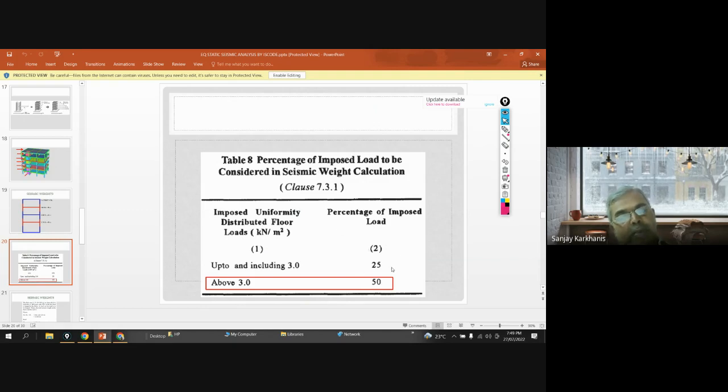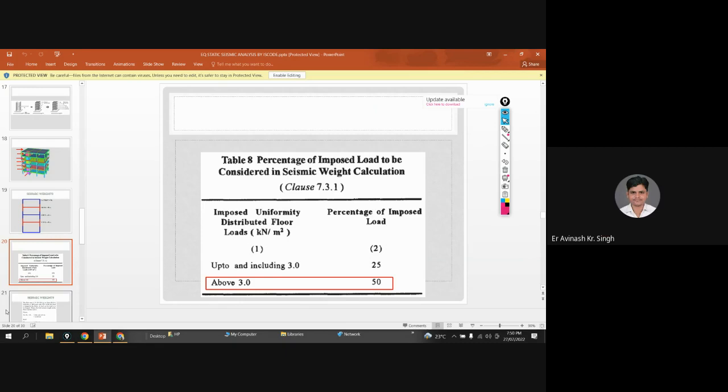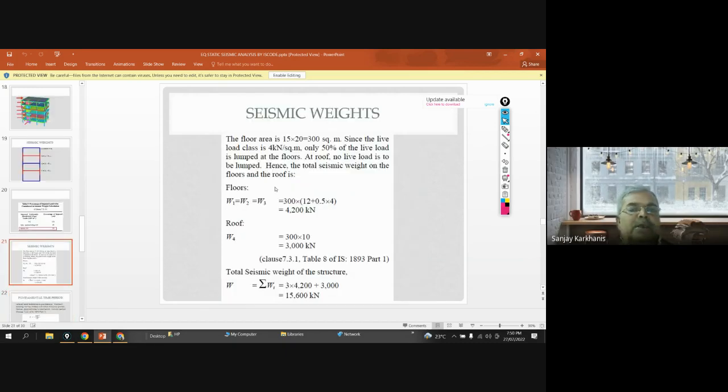So that's why reduction is allowed by code, and we are following codal provision, and that's why we say that our 1893 says that if your live load intensity is less than or equal to 3, you can consider 25%. That is okay. And if it is more than 3, then it is 50%. Clear? Yes, sir.